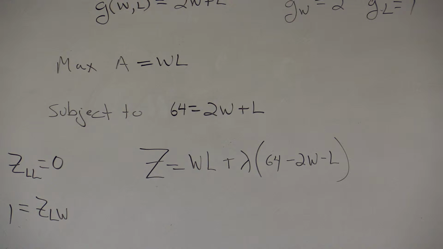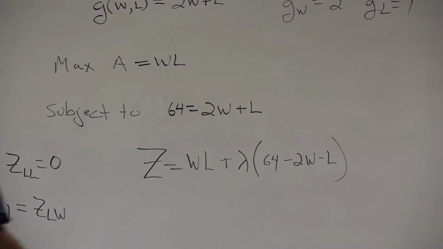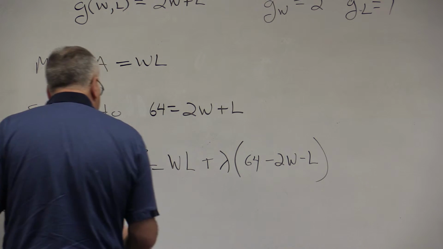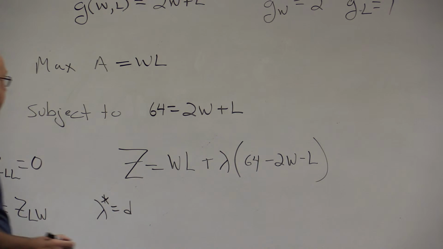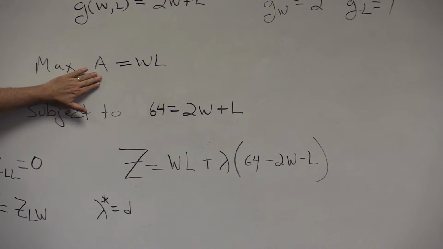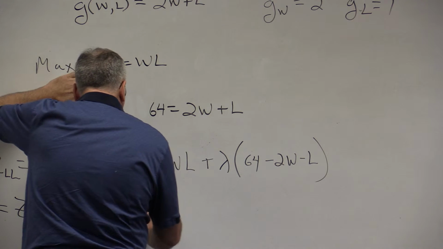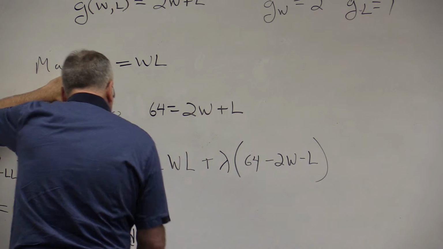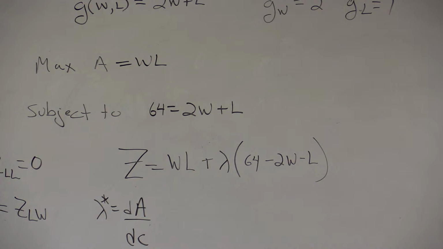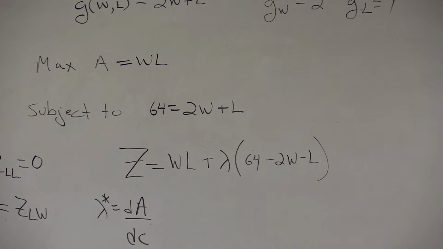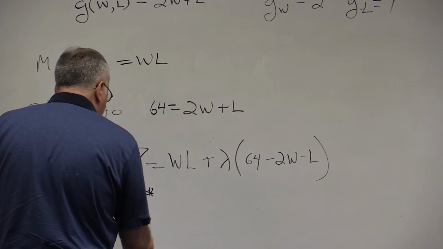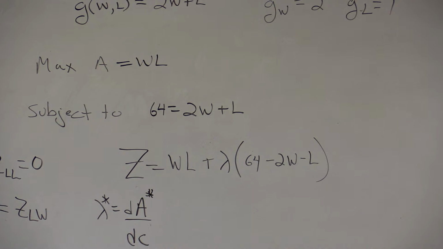Right, exactly right. So in other words, lambda star is always this. It's the derivative of whatever it is you're trying to maximize, in this case A, the derivative of A with respect to whatever your constant is. Now, in this case, A stands for area. So really, you could say it's the change in the optimal value of the area for a slight increase in your constant.